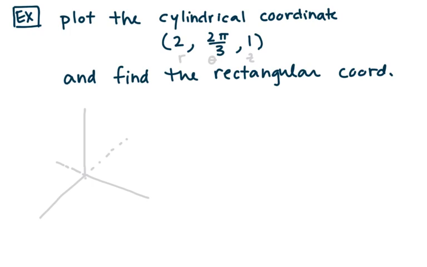Okay, so we have our x-axis, we have an angle of rotation 2 pi over 3, which takes us into quadrant 2, which is going to go about right here. Then we are going to extend out a distance, or a radius, of 2.